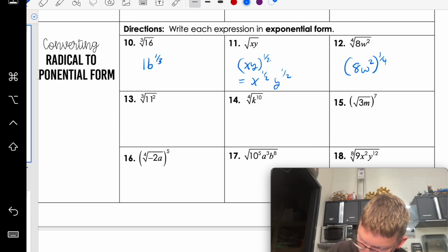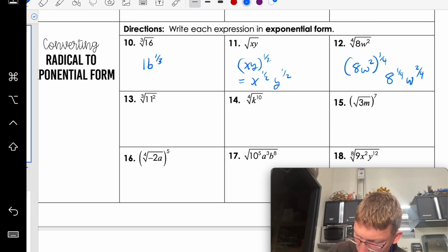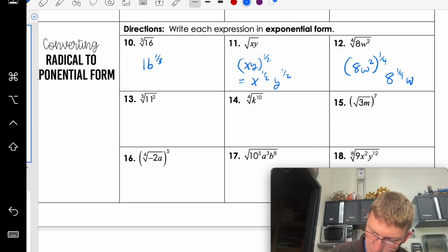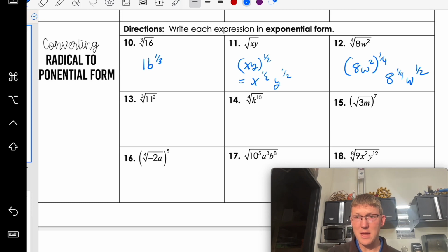So we're going to have 8 to the 1/4, w to the 2/4, which you can then reduce. It's just like a normal fraction. So we're going to reduce that to w to the 1/2. So again, the fractions help because you can then treat them like normal fractions, and you actually end up doing a lot more complicated math super easily.